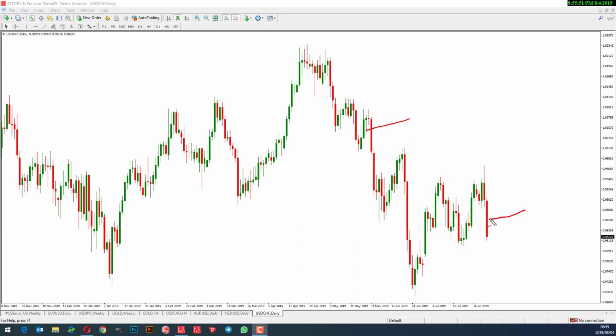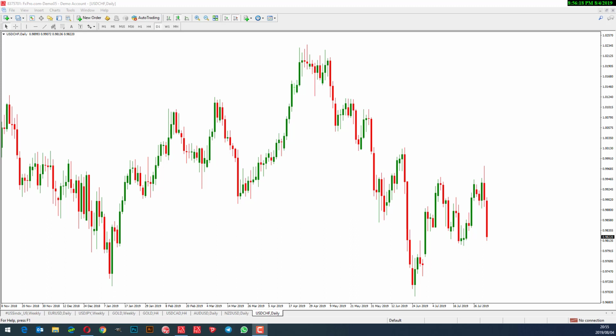Like this last candle here, this was Friday's trading day. So price opened here and moved higher, then crashed all the way to this low, retraces and closed here, you see. So that's a daily time frame. So that whole candle represents 1 day of trade.